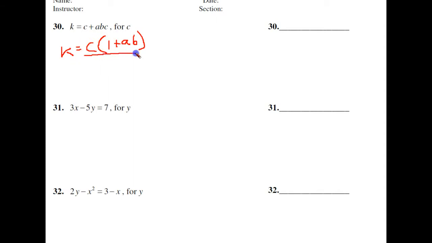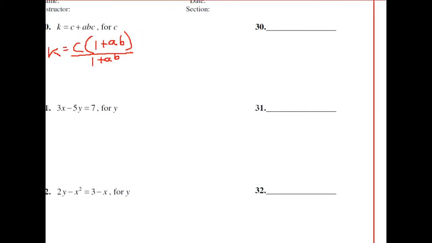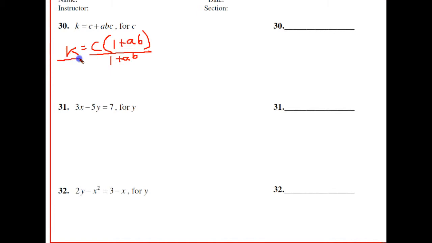So now we're going to divide by this. Now these cancel out, and I get C equals K over 1 plus AB. That's a little challenging there. So once again, I had to factor the C out of there, and then divide both sides by this.